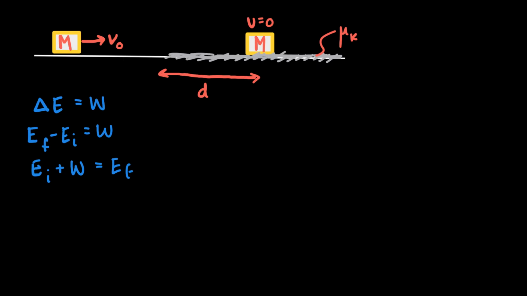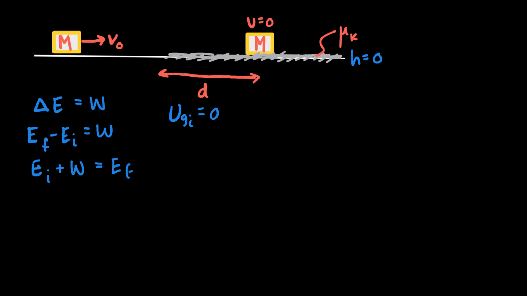I'm going to define the height as equal to 0 at the surface of the box. And so initially and finally, the box will not have any gravitational potential energy. Initially, the gravitational potential energy is equal to 0.